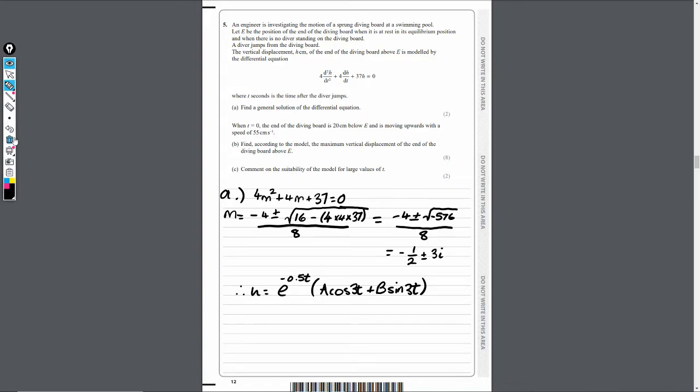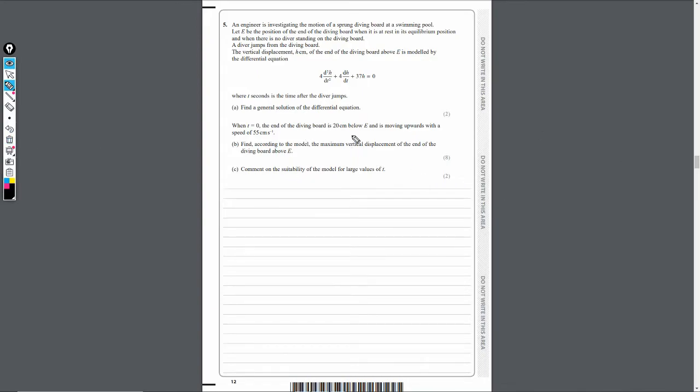So that's the first 2 marks there. Let's have a go at part B now. Okay, so part B, it's telling us that when t is equal to 0, the end of the diving board is 20 centimeters below E. So that's the position of the end of the diving board when it is at rest in its equilibrium position.